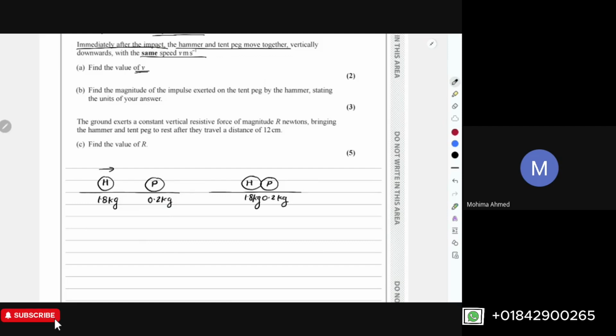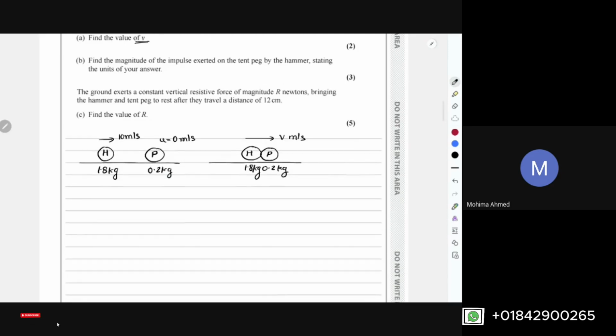The hammer was moving towards the peg at 10 meters per second. The peg's initial velocity was 0 meters per second. Both of them moved in the vertically downward direction with a velocity of v meters per second, right? Everywhere in this diagram, everyone is moving in the same direction, so we don't need to assign that left is positive, right is negative, nothing like that.